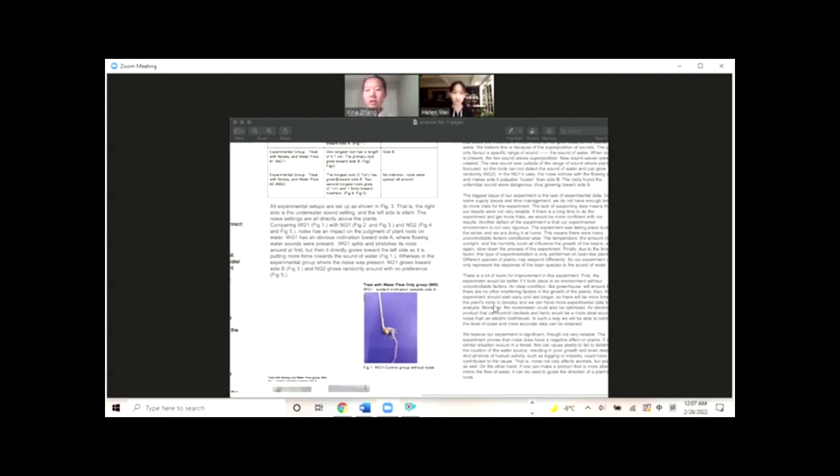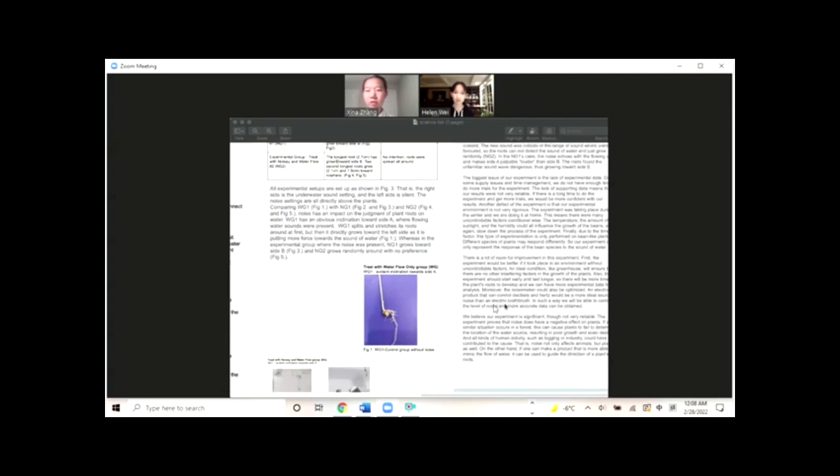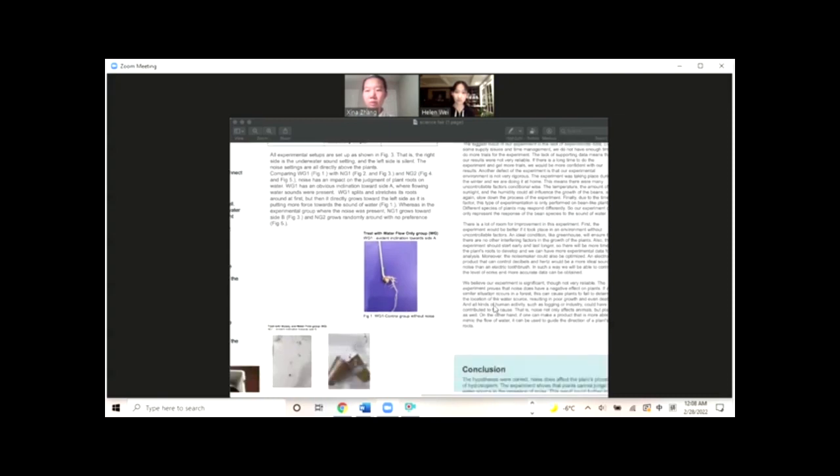Finally, this experiment was performed on bean-like plants. Different species of plants may respond differently, so our experiment can only represent the response of bean species to the sound of water. We believe that our experiment is significant, but not very reliable.